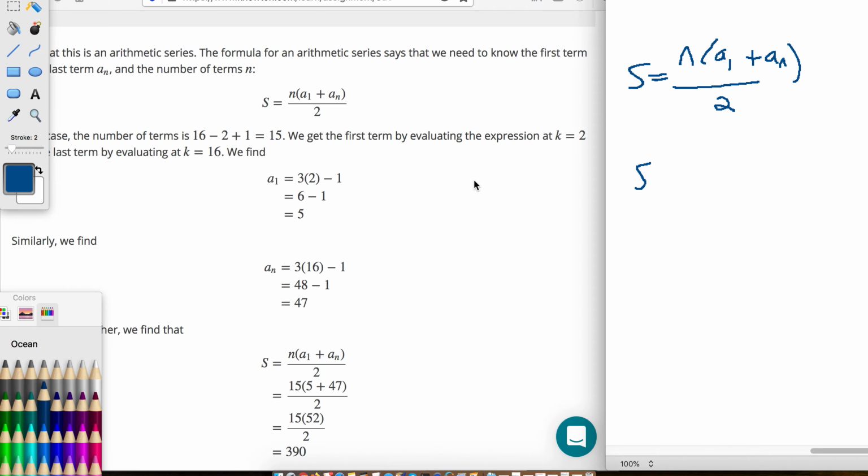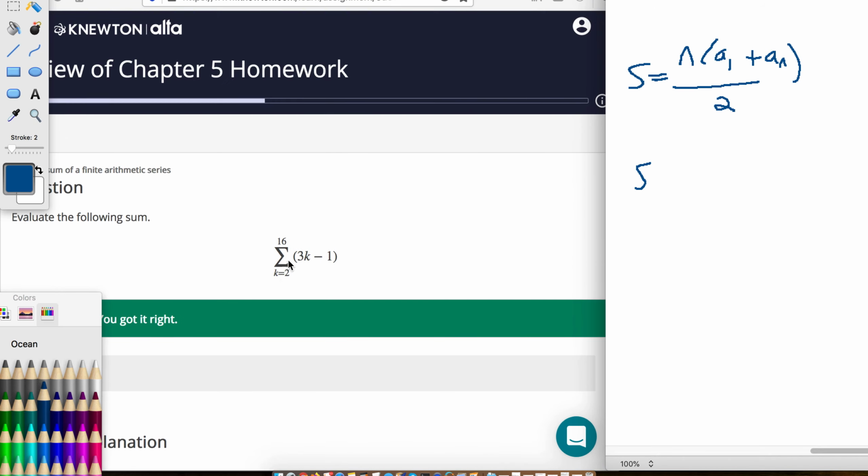So we're asked to sum from k equals 2 to 16. There are 15 numbers between 2 and 16 inclusive, okay? So that's why n is 15 in their formula. And then the first term of the sequence, if you plug in 2 for k, 3 times 2 makes 6. 6 minus 1 makes 5.